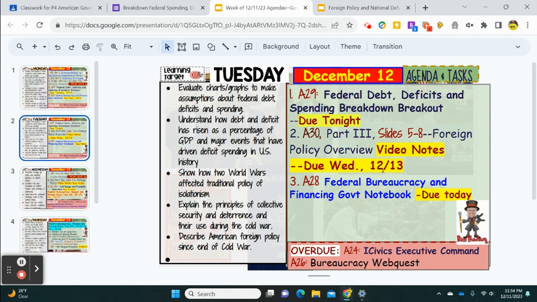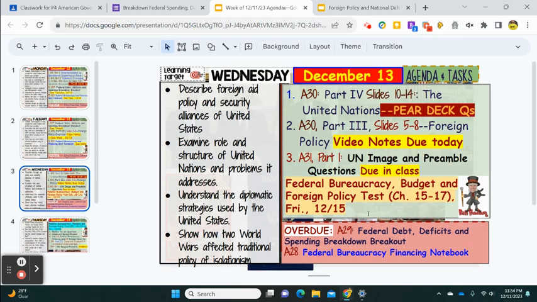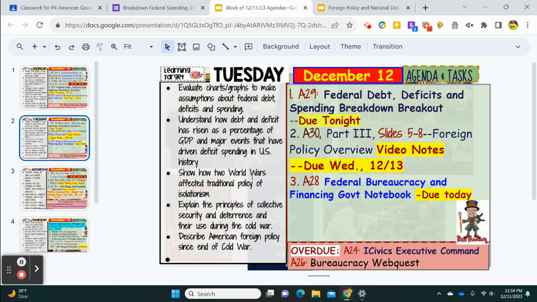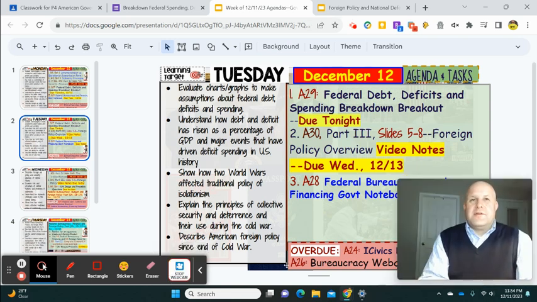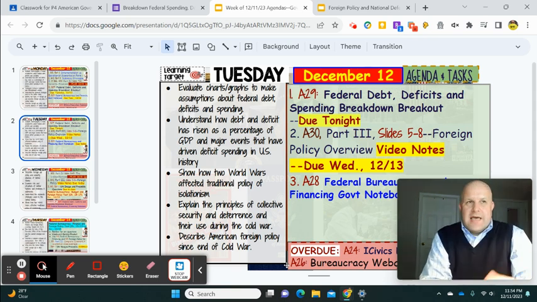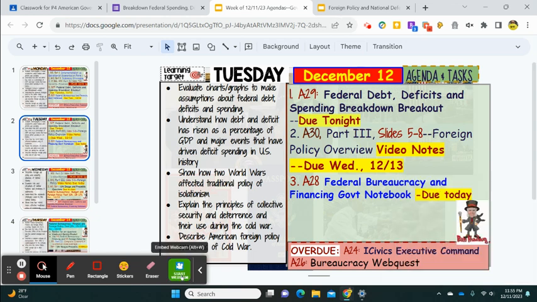By the way, I haven't posted it yet, but I've got a test scheduled for Friday. So look for something to be posted potentially tomorrow, as we start looking for a test coming up, because we're nearing the end of this unit, the bureaucracy, budget, finance, and foreign policy segment. We're rapidly approaching the end of the semester.